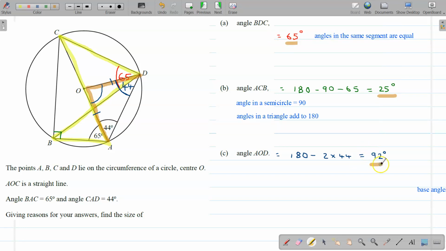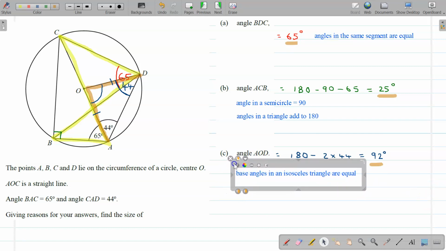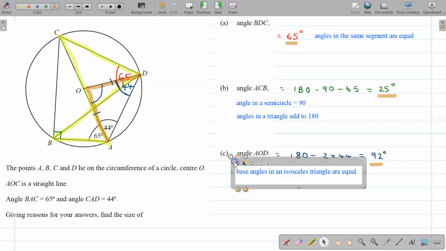So you just have to be aware of that. So that's the angle AOD, which is 92 degrees, and the reason is that the base angles of an isosceles triangle are equal, and that enabled me to work that out. And it does say giving reasons for your answers. We had to do that all the way through.